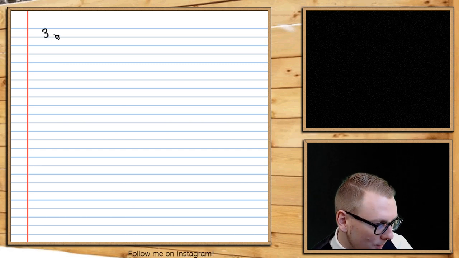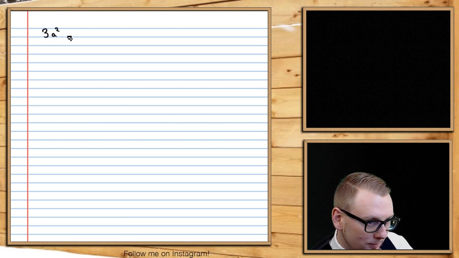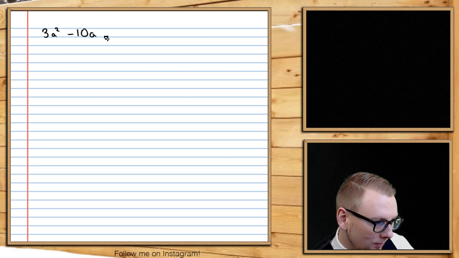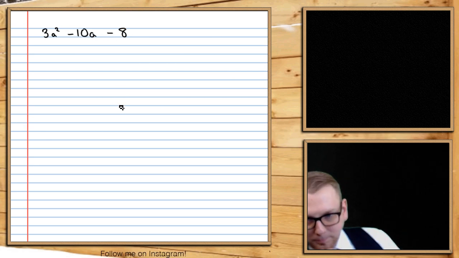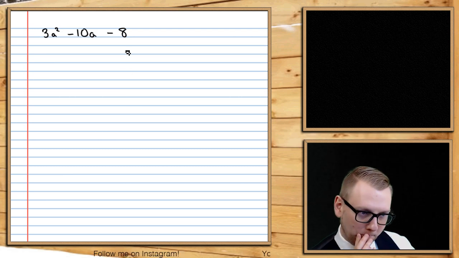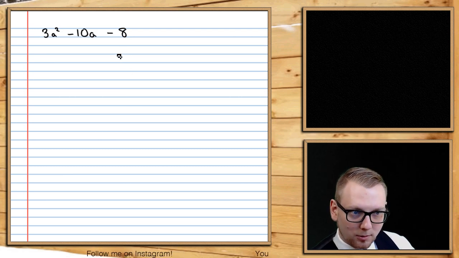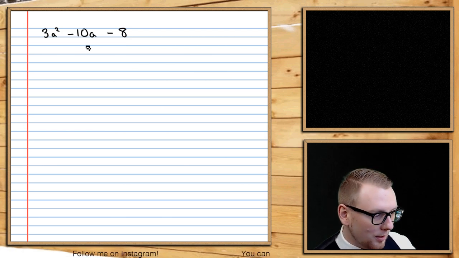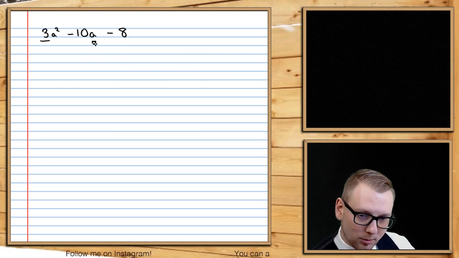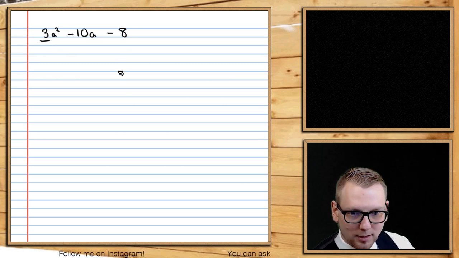3a squared minus 10a minus 8. Okay. So the first step was realizing that there's a 3 in front, so we need to multiply the first number by the last number. Okay?